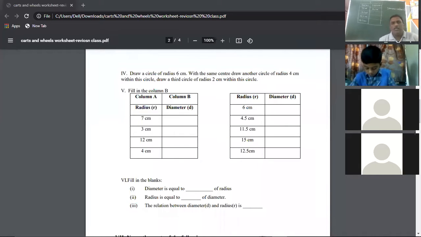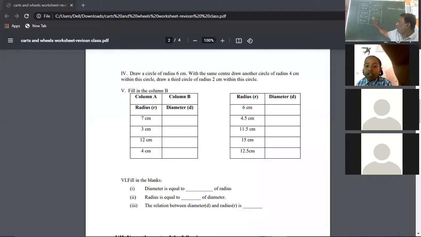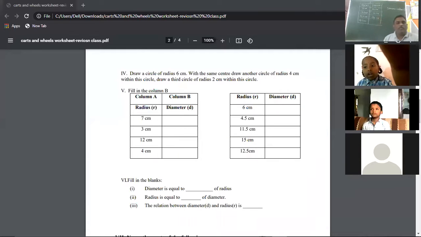Whenever radius is given, finding the diameter is very simple. You have to multiply with 2, double it. 3 centimeters, diameter will be double, 6 centimeters. 6 centimeters, 12 centimeters. 4 centimeters, 8 centimeters.